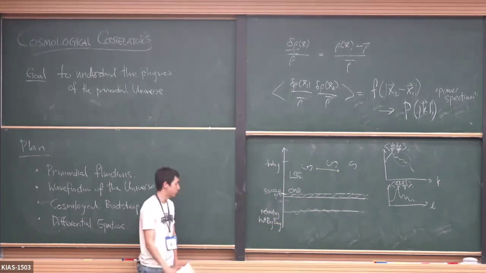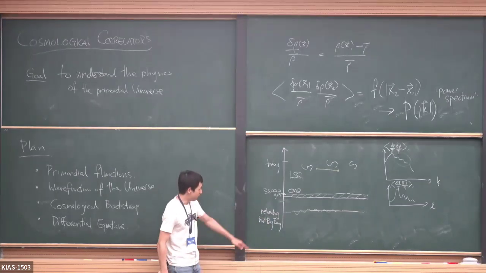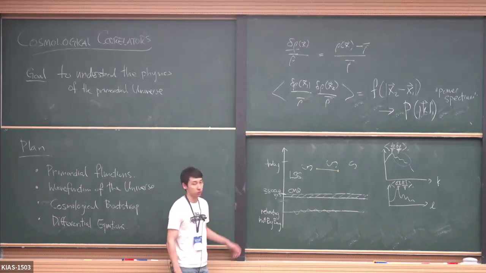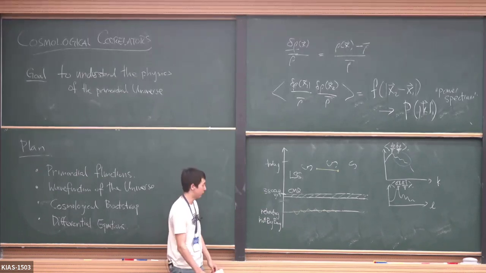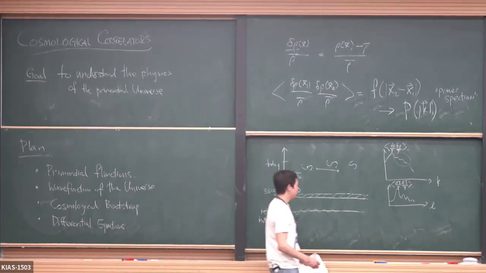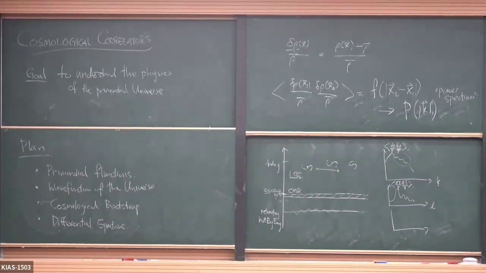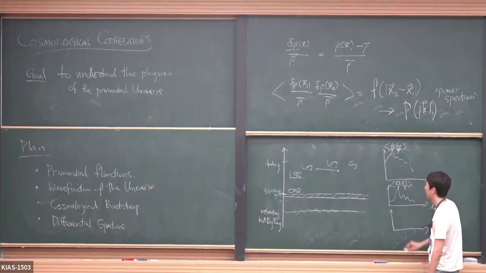By hot Big Bang, we don't necessarily mean the singularity when the universe was born, but the moment when the universe was in thermal equilibrium with all the standard model radiation at super early times.